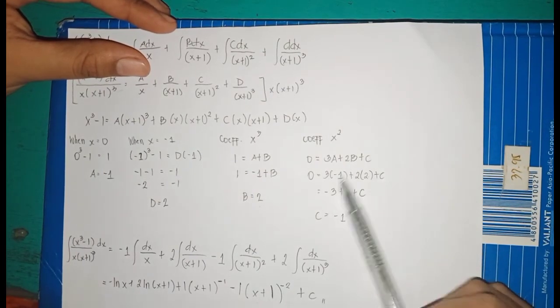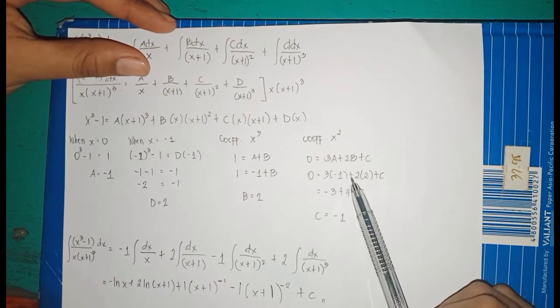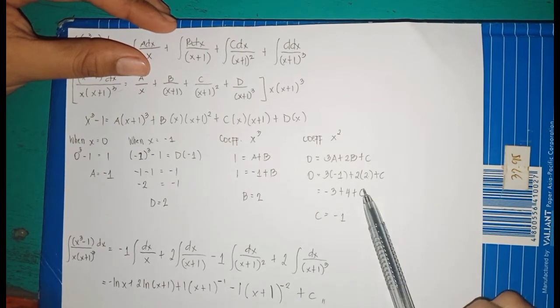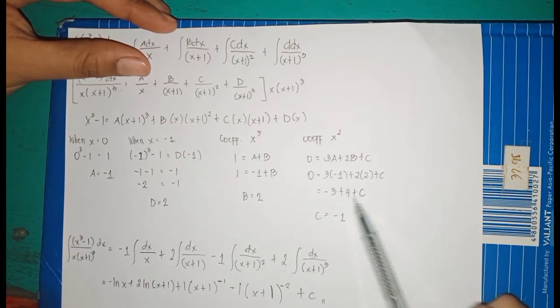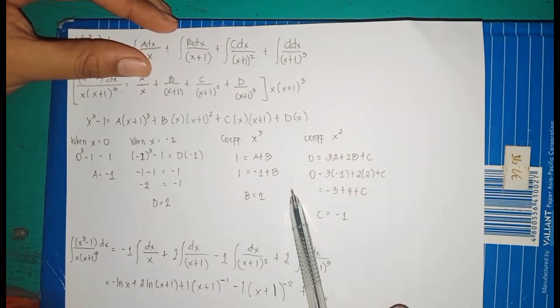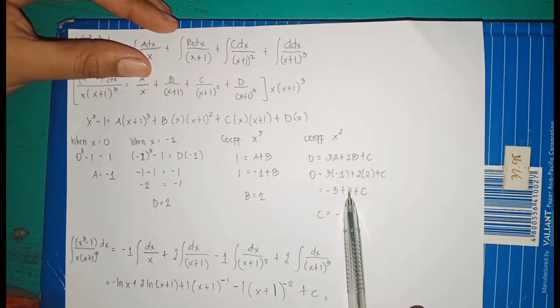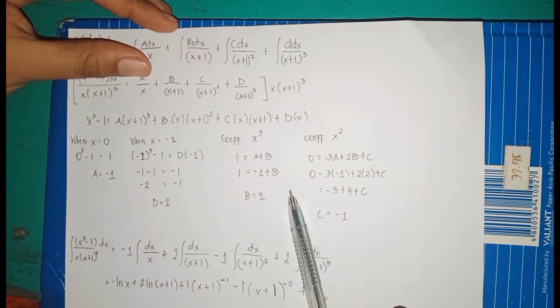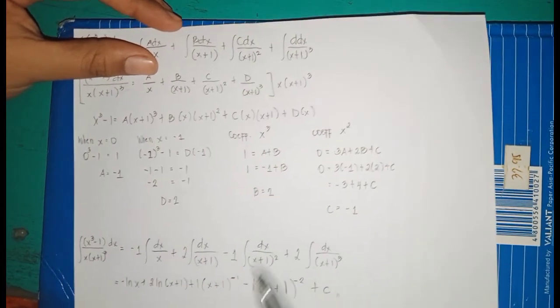So our value of A is negative 1 and our B will be positive 2. So negative 3 plus 4 plus C. So we will transpose this. It becomes positive 3 and this becomes negative 4. So positive 3 minus 4 will be negative 1.